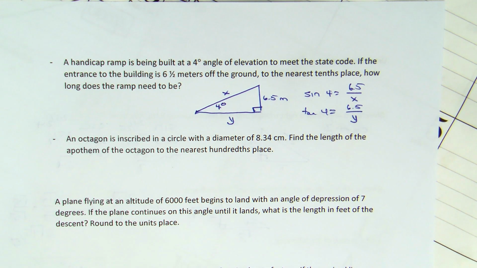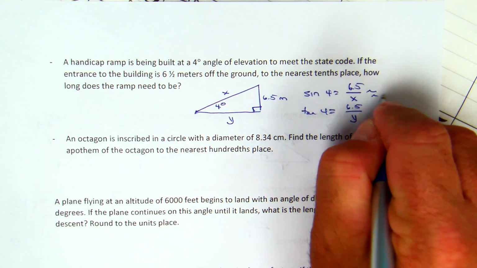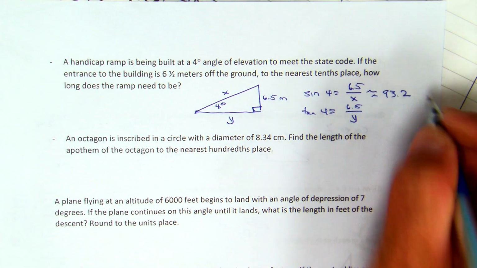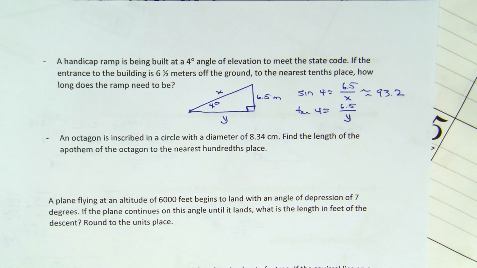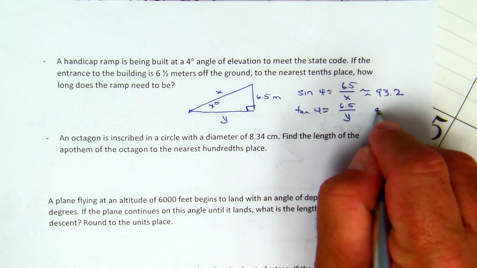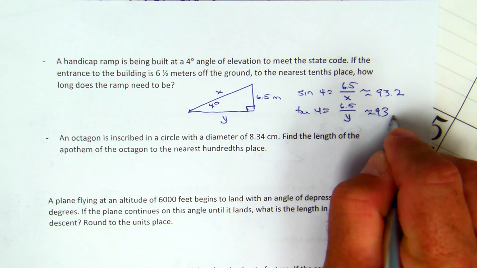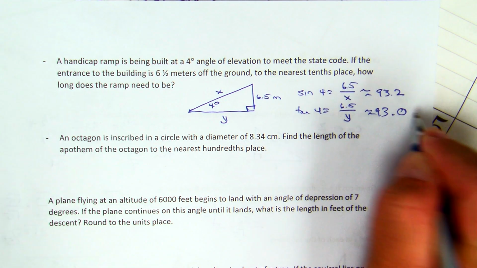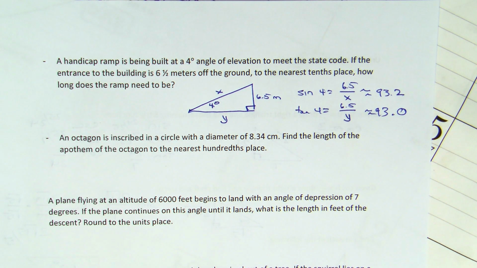Either case, I would end up dividing, so 6.5 divided by the sine of 4 gives me about 93.2. 6.5 divided by tangent of 4 is about 93 when you round, because the 9.5 would go up to 93. I would take either one as long as it works out. And you don't have to do both.